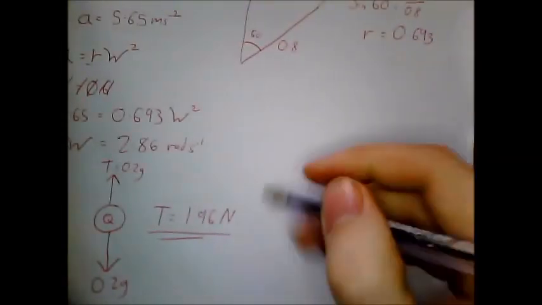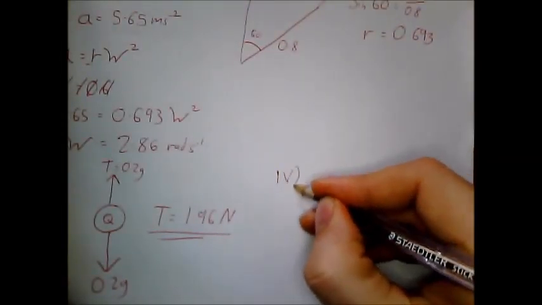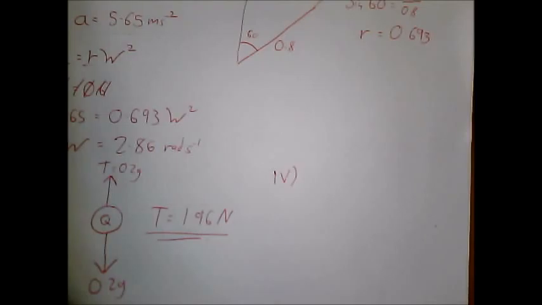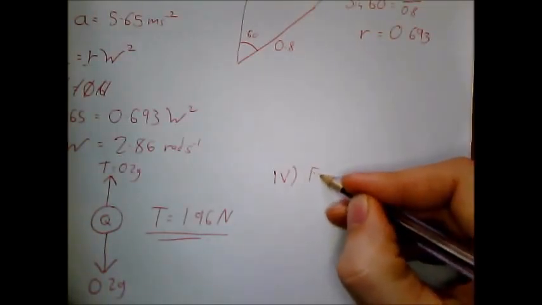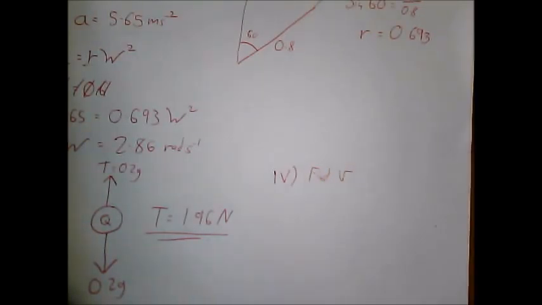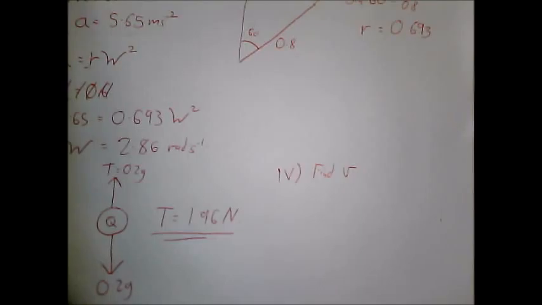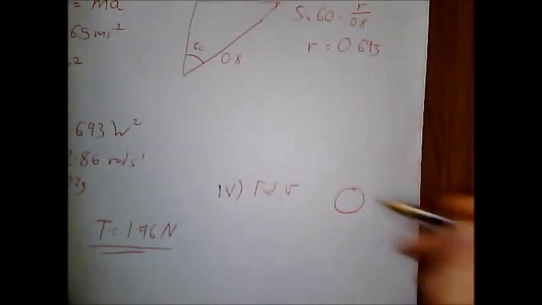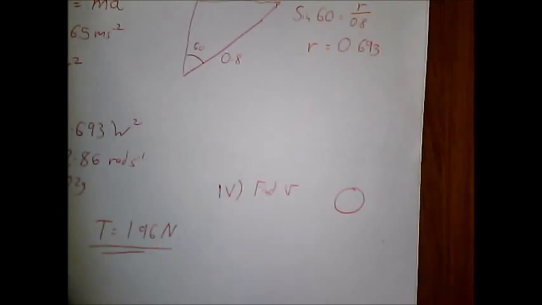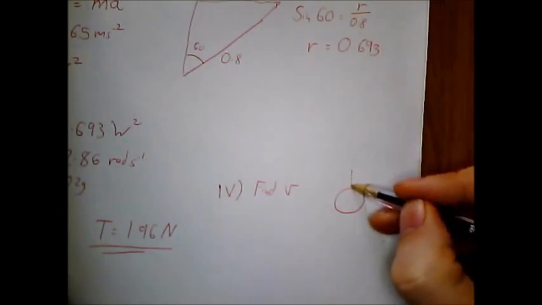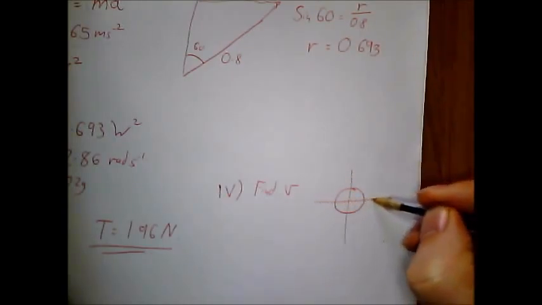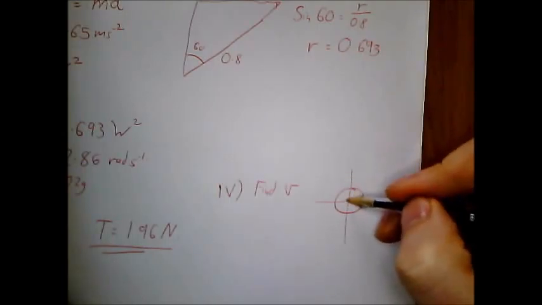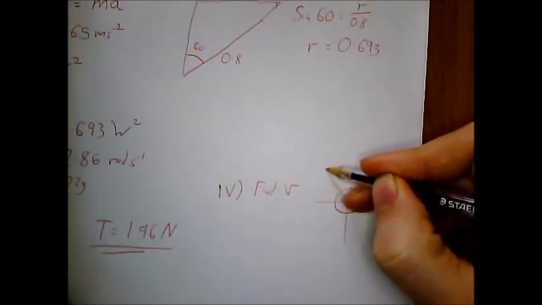Okay, and now finally, for part 4, we want to find the velocity of our rotating object. So let's do a new force diagram. Spot the pattern that's happening here. Force diagrams are so important. I have a reaction force.